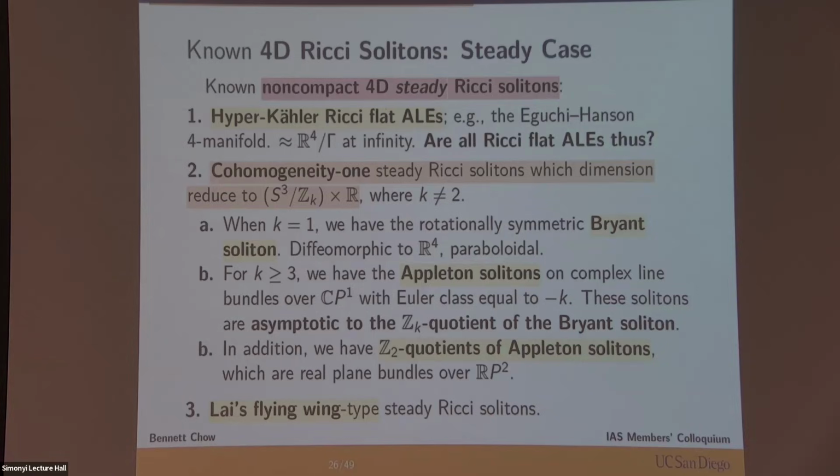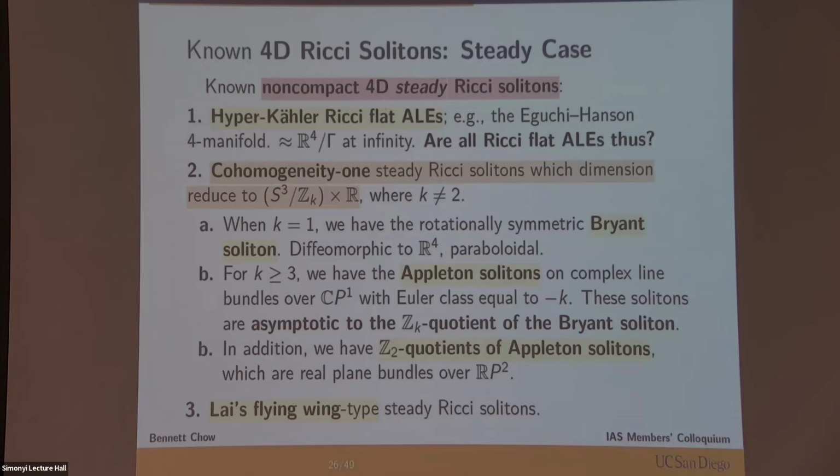Besides that, there are ones with a lot of symmetry, so there are cohomogeneity 1 steady Ricci solitons. And these are on plane bundles over S2, with Euler class at least 3, and those were shown to exist by Appleton.